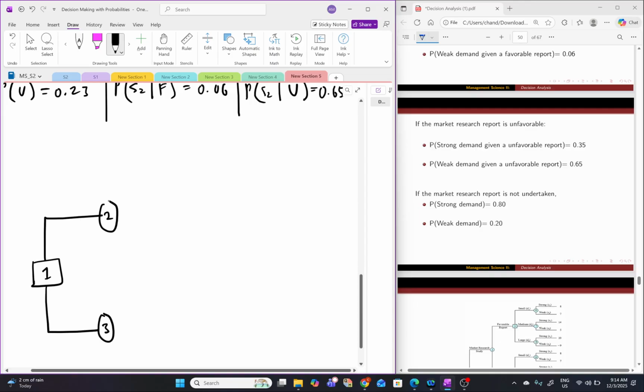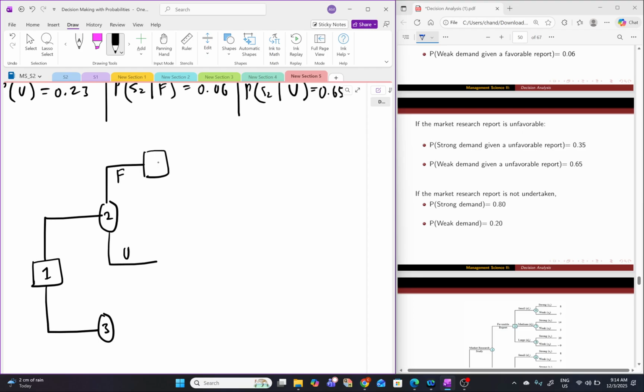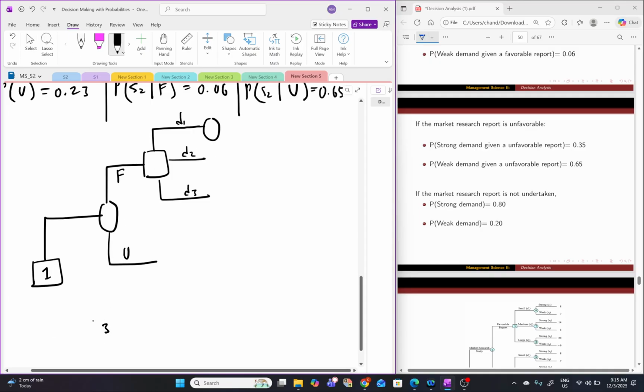Dengar dulu. If you have market research, what are the states of nature? Kalau ada probability, itu adalah state of nature. What is the state of nature you have? Favorable and unfavorable. Kalau favorable, you gonna pilih D1, D2, D3. This is 3. Jangan letak nombor dulu nanti confuse.